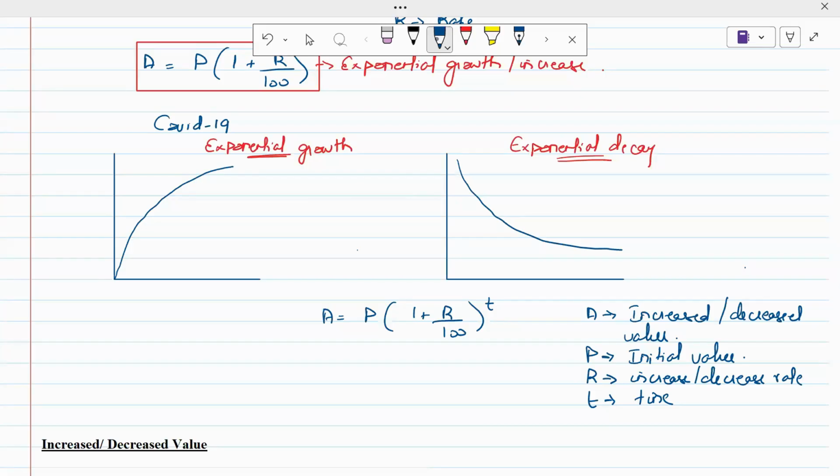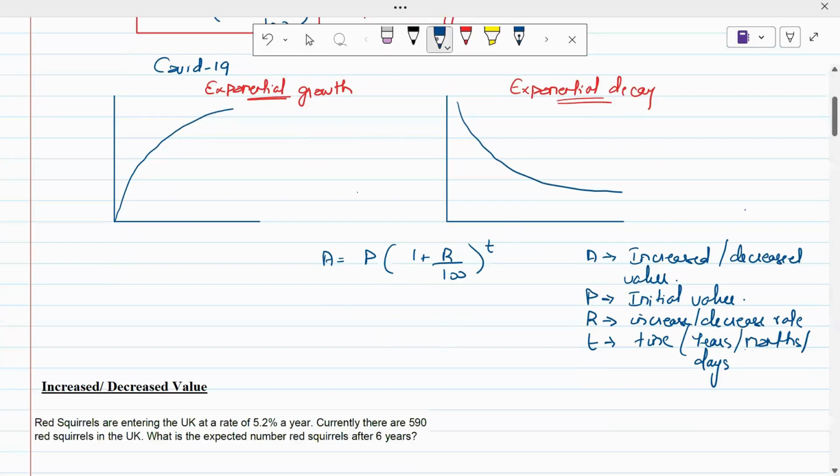But in case of compounding applied for growth and decay, the time can be in terms of years, months, days, or even minutes. And yes, seconds also. Although we haven't seen any past paper question based on seconds, second is a unit of time, so you can expect seconds also. So T here means time representing years, months, days, and minutes.